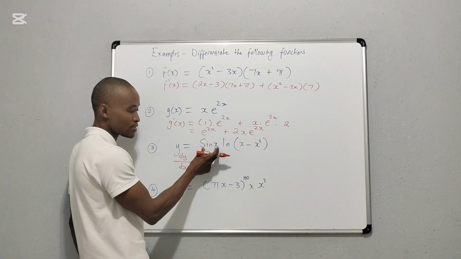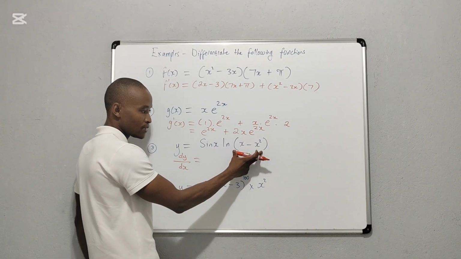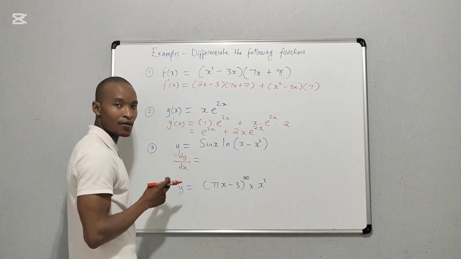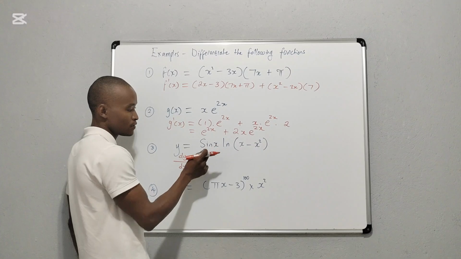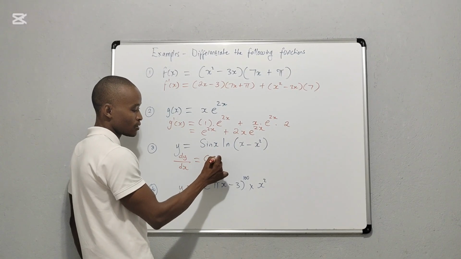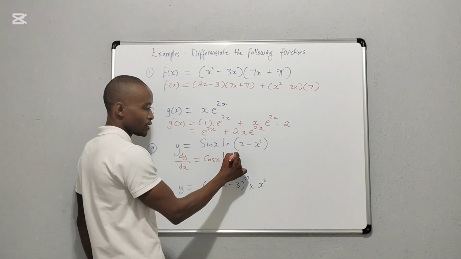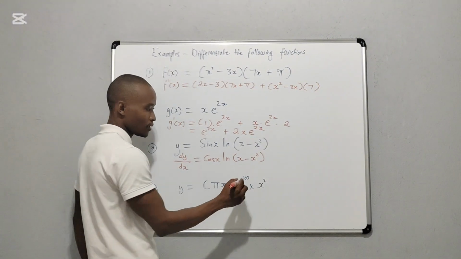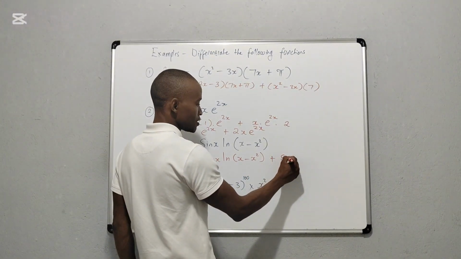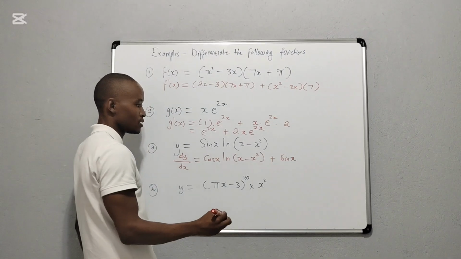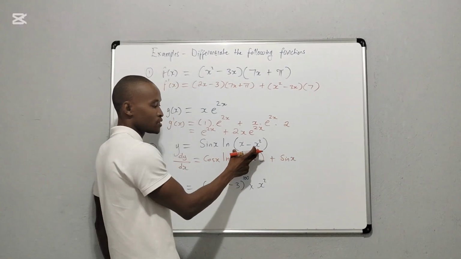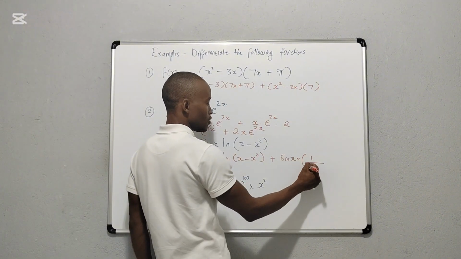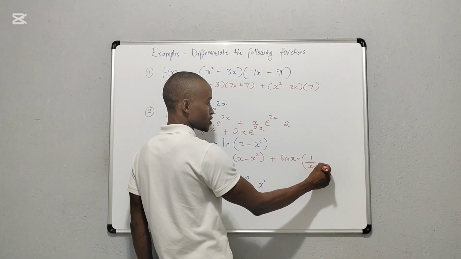Okay, now here we need to find dy over dx. We have sine x as our first function and ln, or the natural logarithmic function, as our second function. Derivative for the sine x here, we get cos x multiplied by ln of x minus x squared, right? Plus, keep the first function as it is, multiplied by the derivative of the natural log, that will be 1 over x minus x squared.